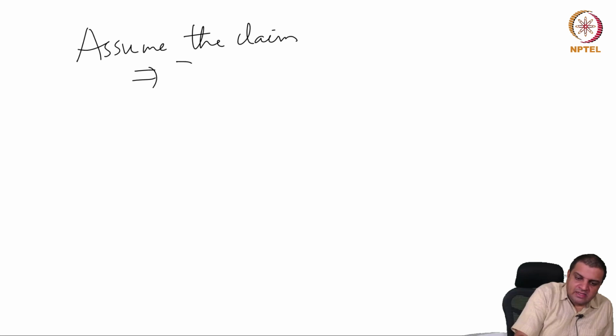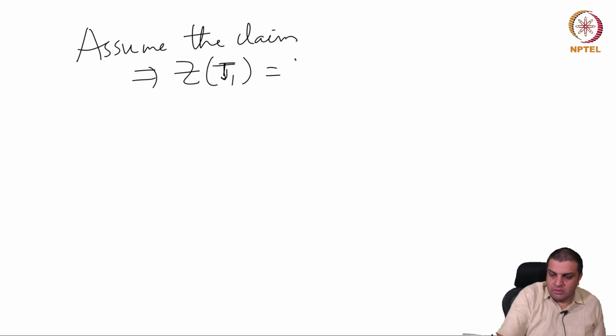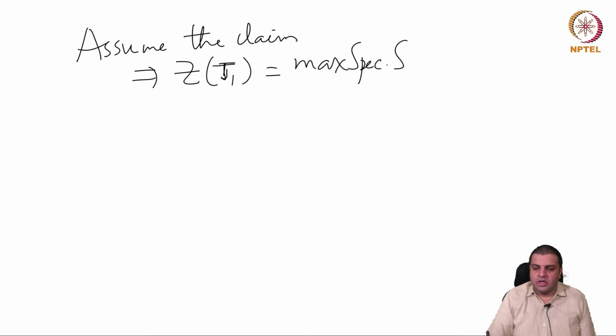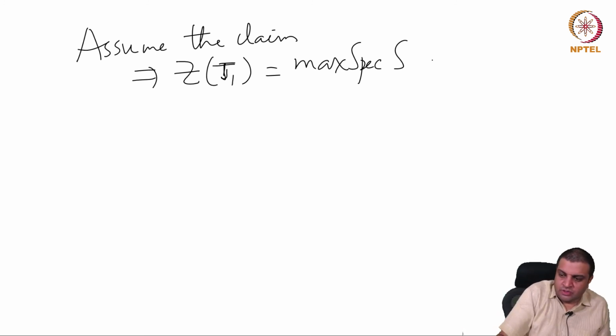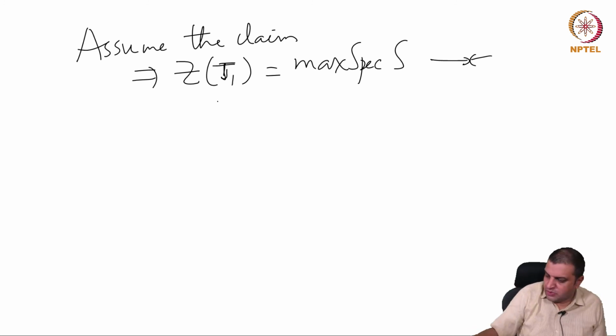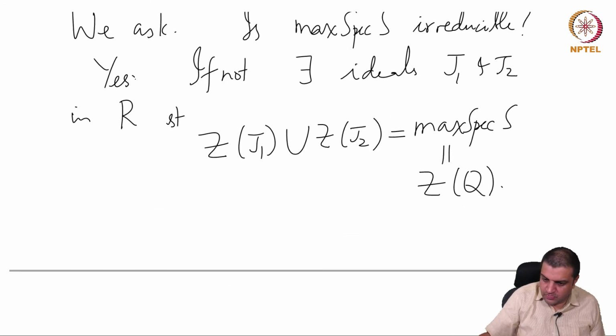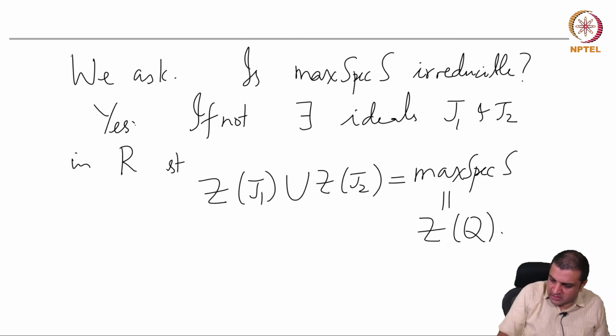This implies that Z of J1 is equal to max spec S. But then this is a contradiction, since we assumed that this was an irreducible decomposition. When you say if not, there exist ideals such that this is true, although I didn't say it explicitly, we implicitly assume that neither of them is equal to this.